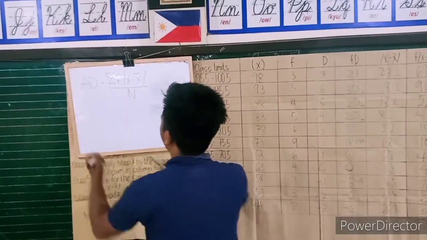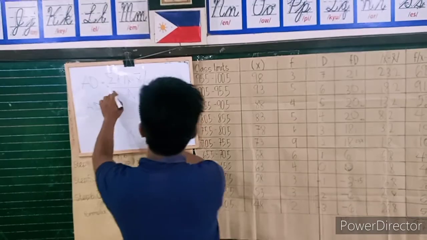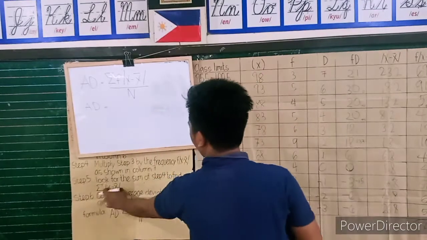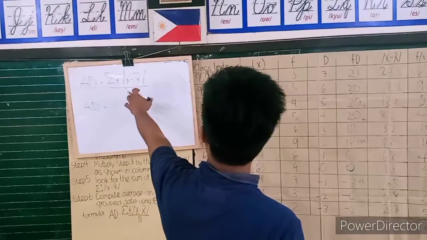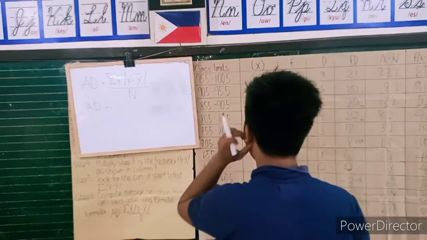So let's substitute. Average deviation is equal to the summation of fx, the summation of frequency times the number of scores or the midpoints minus the arithmetic mean.